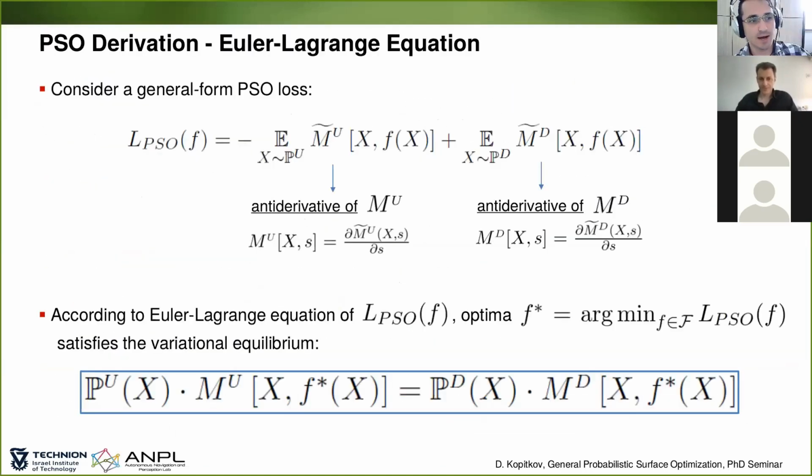I defined some functional that has this form here, and I defined the antiderivatives. If we are talking about the Euler-Lagrange equation, it will produce this equilibrium. Great. So for this proof to be valid, the functions you choose are constrained to have antiderivatives. Yes.